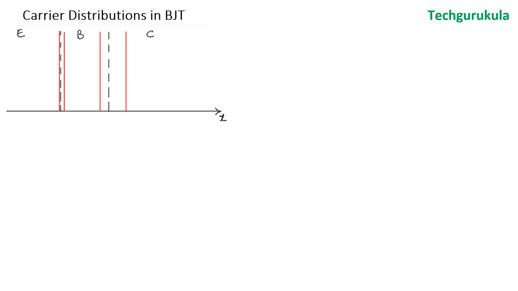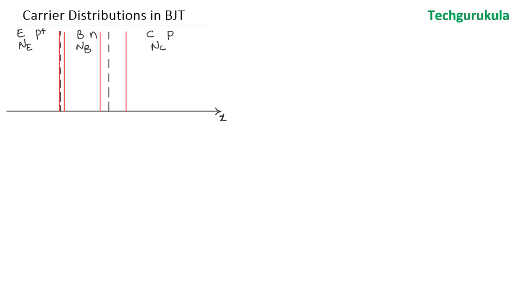And as usual, as we have considered PNP transistor, here also we are taking PNP transistor, P plus, and base is N and collector is P. Now the doping concentrations on emitter is Ne, on base Nb, and on collector Nc.